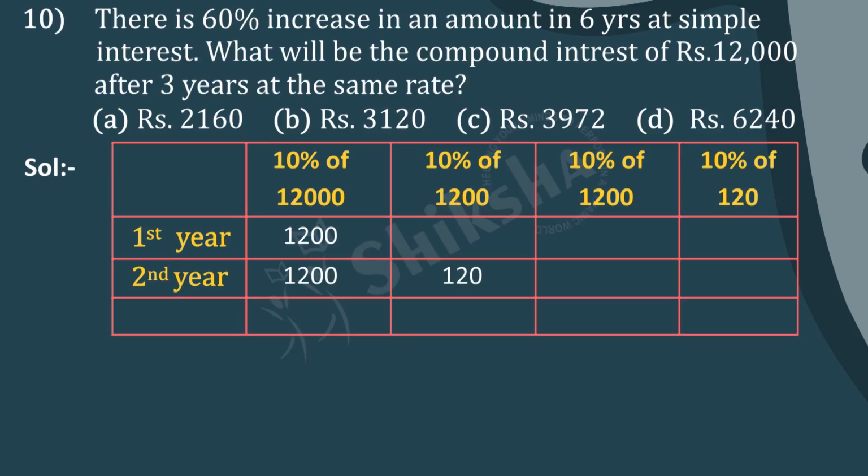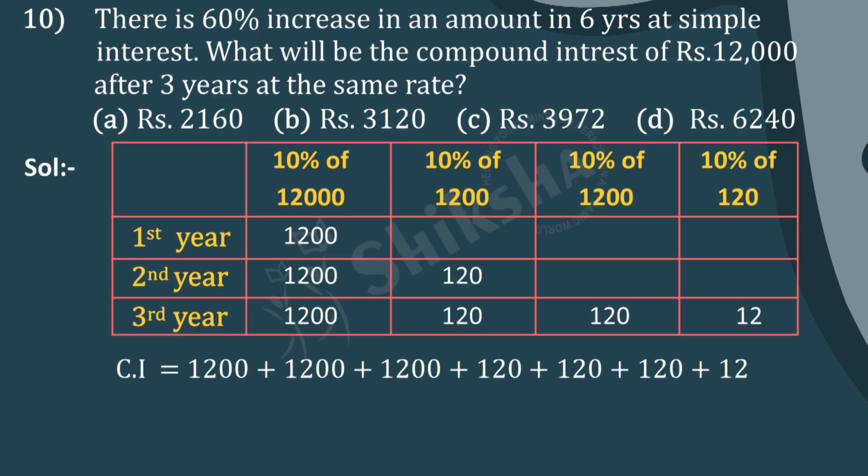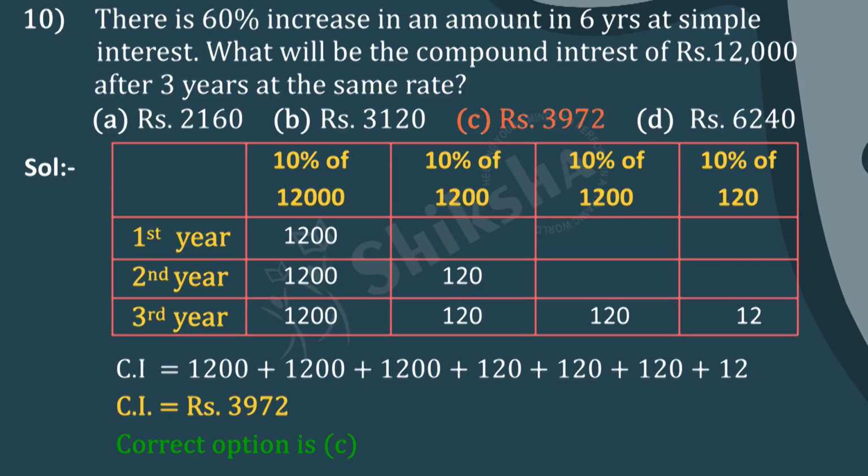For the third year we take 10% of 12,000, that is 1,200, 10% of 1,200, that is 120, similarly 10% of 1,200, that is 120, and 10% of 120, that is 12. So compound interest equals 1200 plus 1200 plus 1200 plus 120 plus 120 plus 120 plus 12. After addition we finally get compound interest rupees 3,972. So our correct option is option C.